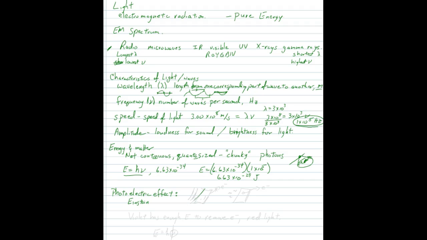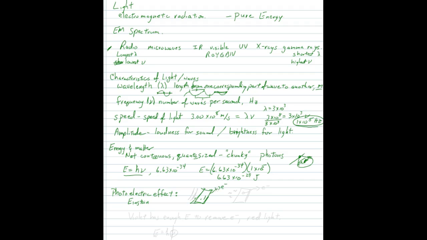He said that if light was a wave, all that energy is spread out across the entire surface. Well, that doesn't work, because that average energy does not give you enough energy to kick out any electrons to produce electricity.